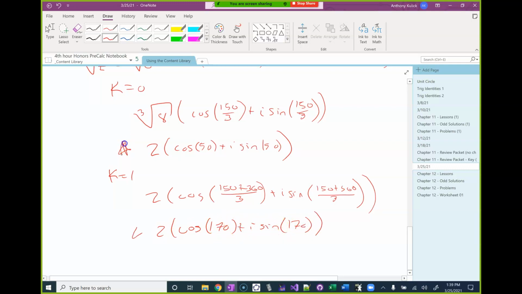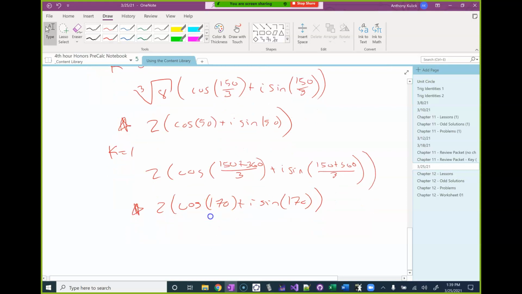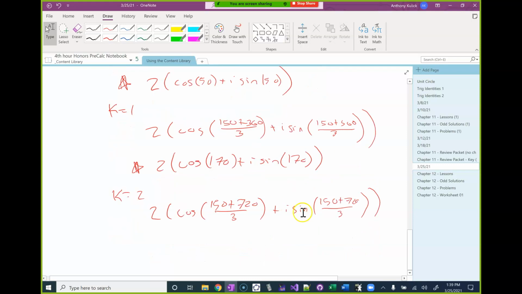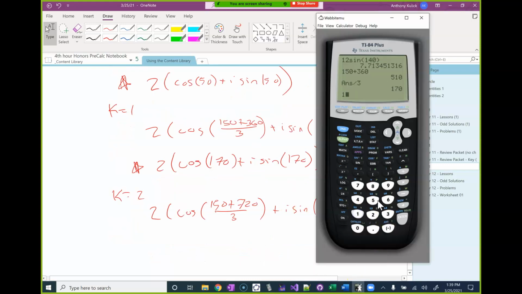And the next one, k equals 2. So 2 times cosine of 150 plus 720 over 3 plus i sine. So that's 290.